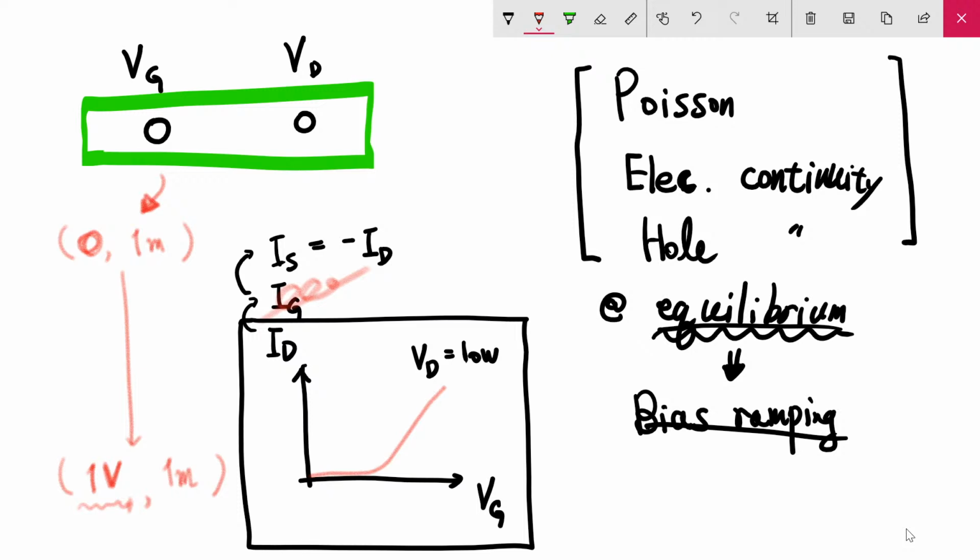Then when you have this, you can easily find out the most important quantity of the transistor. What is the most important parameter? Current value is also important, but before that we have to find out the threshold voltage.